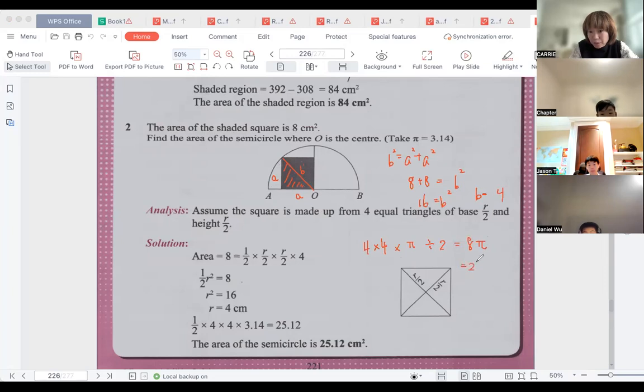So it's 8 pi, which is 25.12. Get it, everybody?